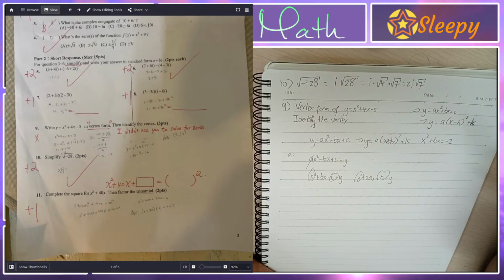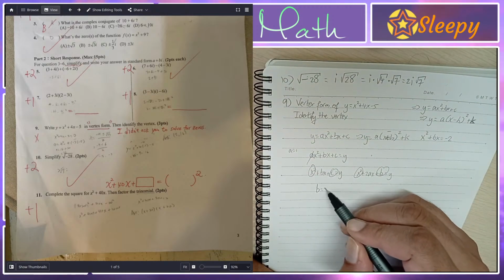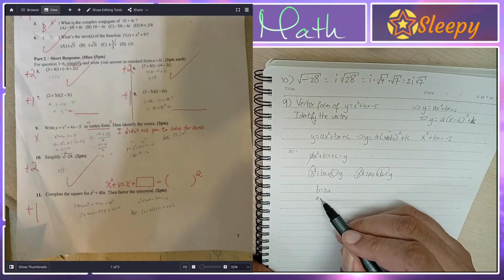And b is 2a, so a here is b divided by 2, or b is 2.